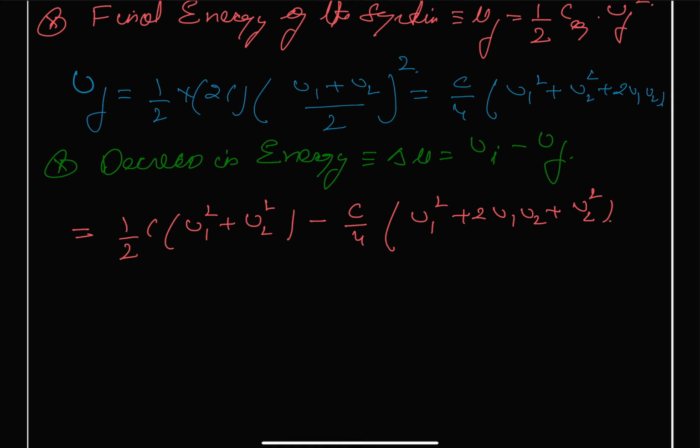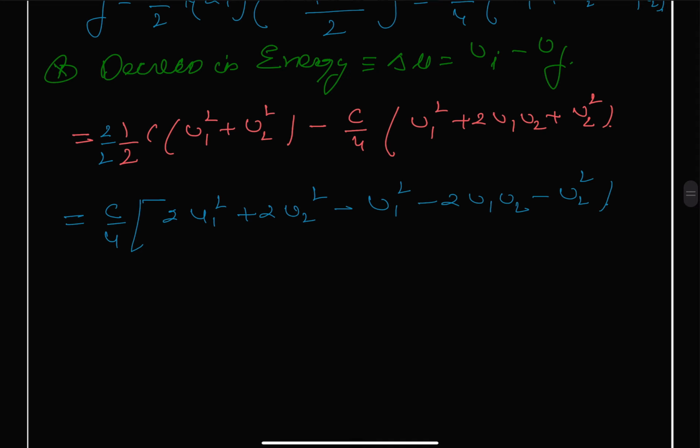So here let us divide and multiply by 2, and so C by 4 will be common, and we are left with 2 V1 square plus 2 V2 square minus V1 square minus twice V1 V2 minus V2 square.